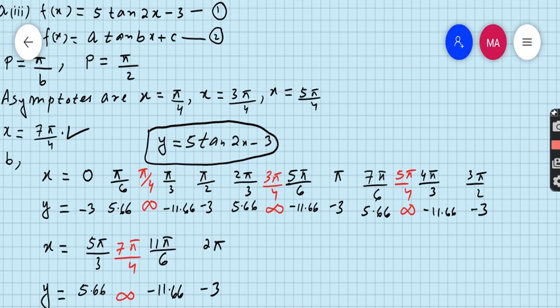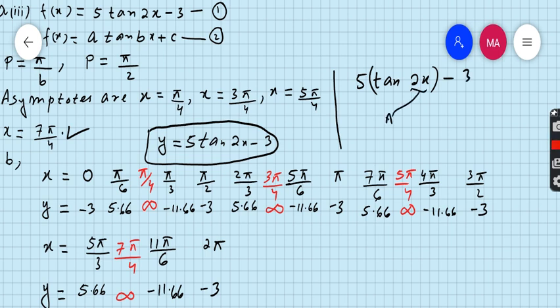Kindly keep in mind one important point, indeed a very important point, otherwise you can make a mistake. In this question, student, this is 5 tan 2x and this is minus 3.